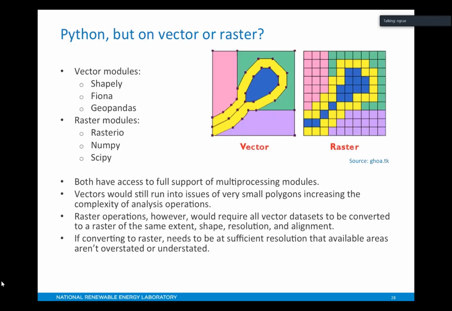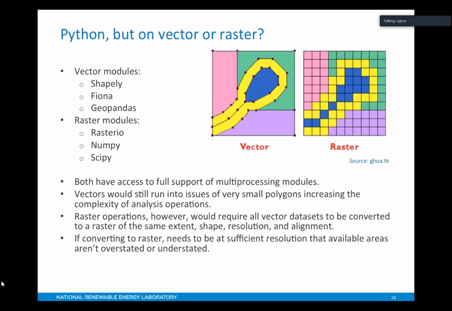And so in the vector image, the lower left corner, you can see there's very little, if any, blue area there, but when it gets rasterized, it really blows up that area, the blue area, and that's just not realistic of what was there.